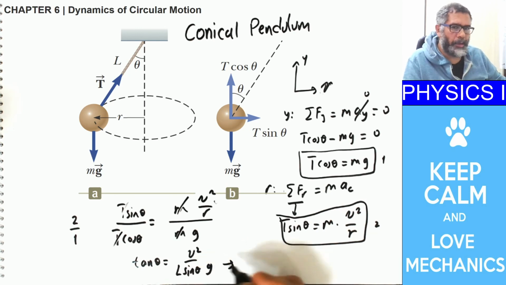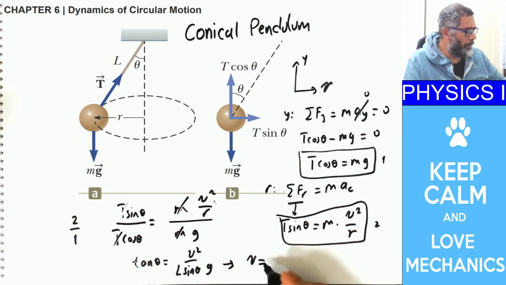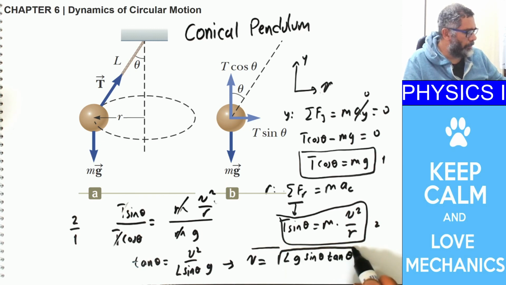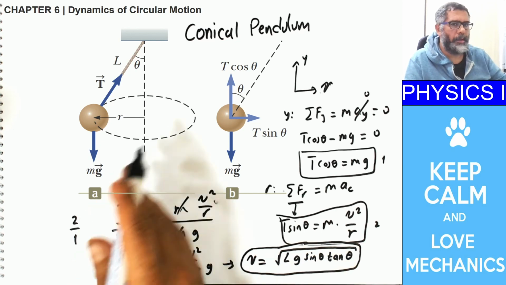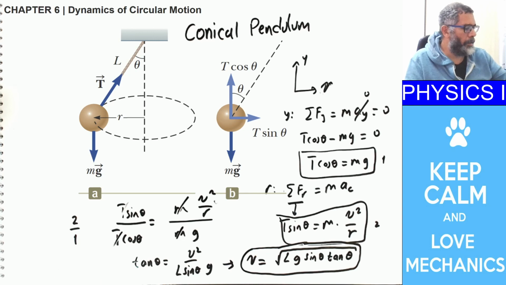From this equation, it's very straightforward to write down v, the speed of the circular motion of the conical pendulum, being the square root of L times g times sine theta multiplied by tangent theta, in square root, of course. So this is the expression for the circumferential speed of an object moving in a conical pendulum.